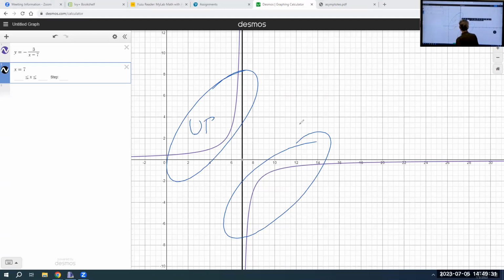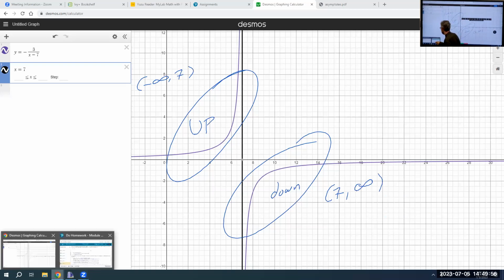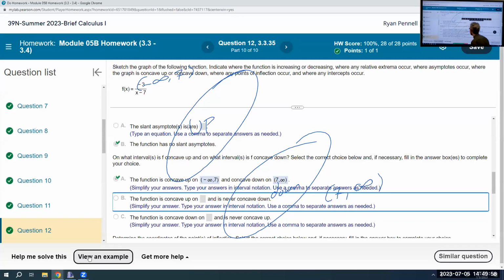Up is a cup, down is a frown. Let's put that in interval notation. From -infinity to 7, up as a cup. From 7 to positive infinity, down as a frown. Now I can flip back to my homework and see that that has to be true.